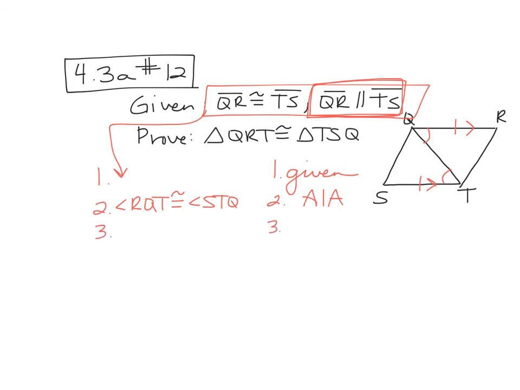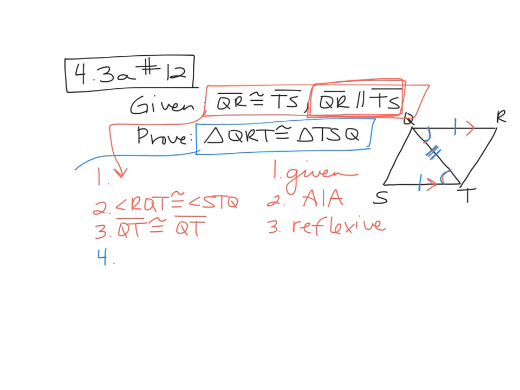Okay, third step, I know QT is congruent to QT because it's reflexive. And remember to mark as you go, because now you see side, angle, side, with side, angle, side. So for your last step, you can say those 2 triangles are congruent by SAS.